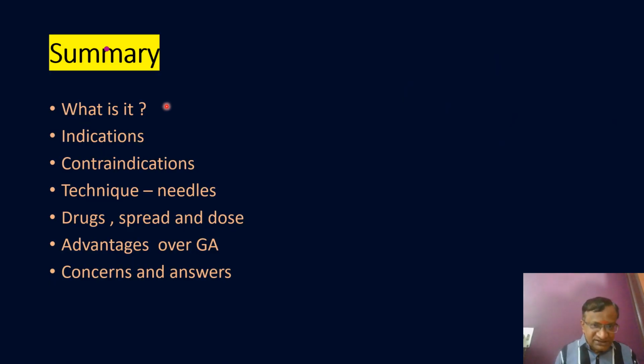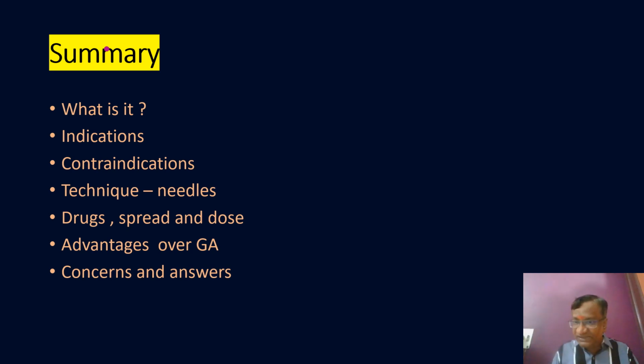So what is this? This is giving the spinal drug in the thoracic segment. There is an upper level and lower level. There are a lot of indications: breast, gastrectomy, epigastric hernias, common hernias, appendicectomy, lap chole, lap appendix, lap hysterectomies, even laminectomies, so many things, even in children and adults.